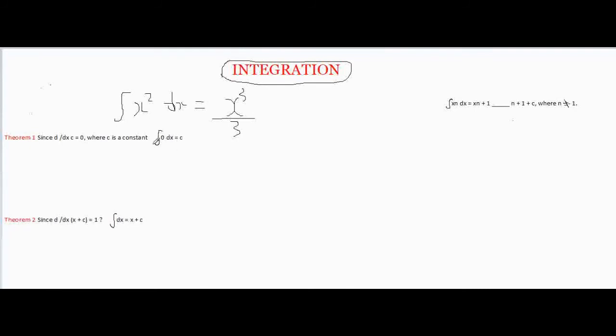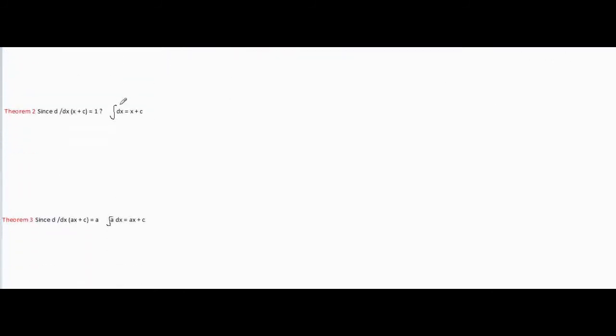So the integral of 0 is just a constant. Now, theorem number 2. Since d/dx of x plus c equals 1, then the integral of 1 dx, or you might just see it written as dx, because you're just multiplying by 1, will equal x plus c.